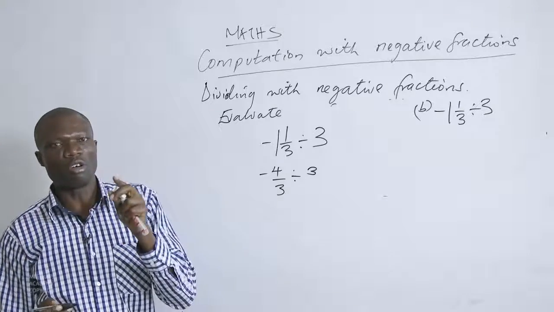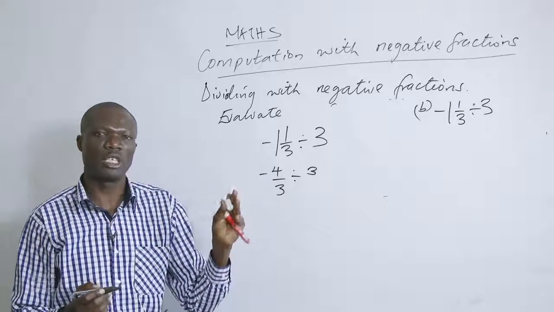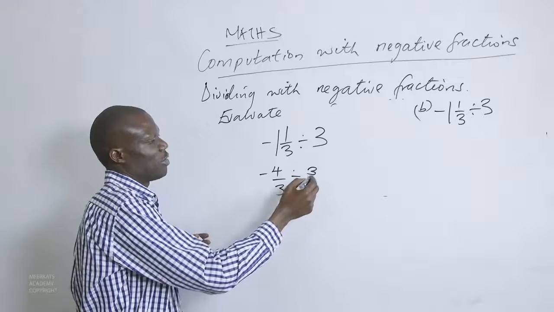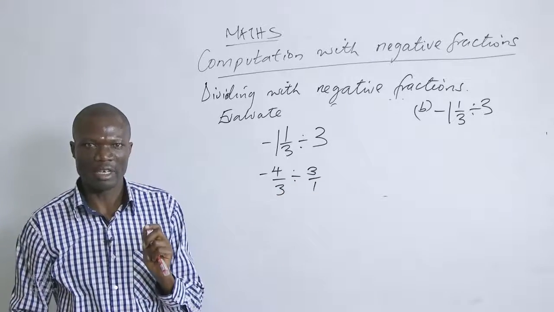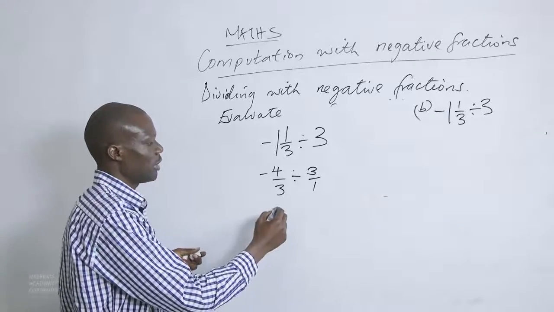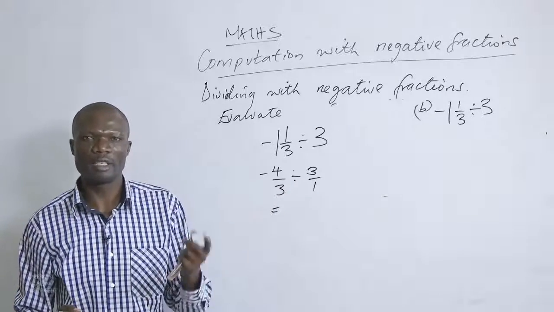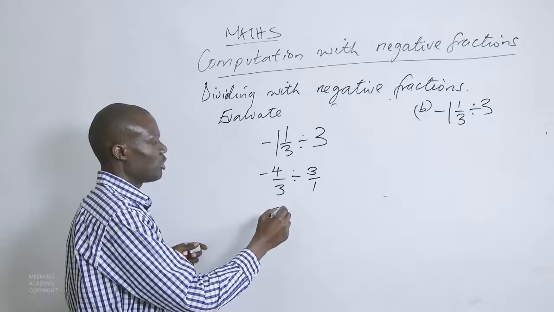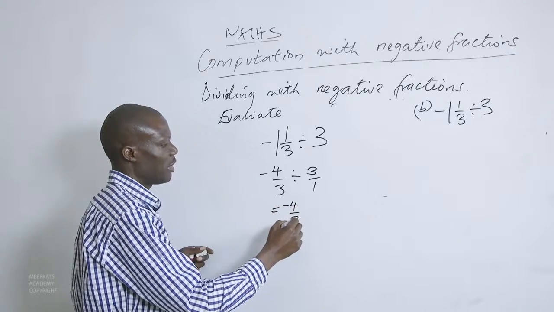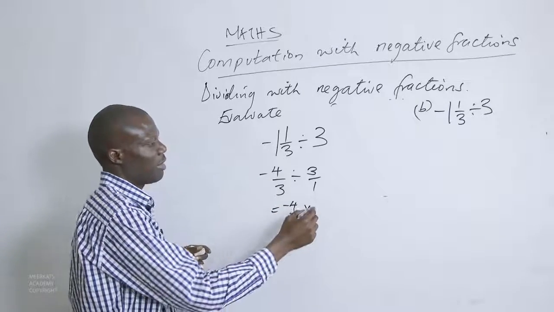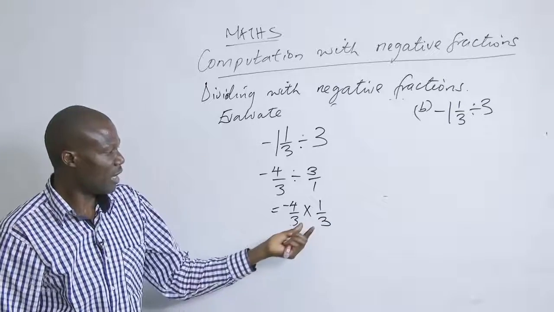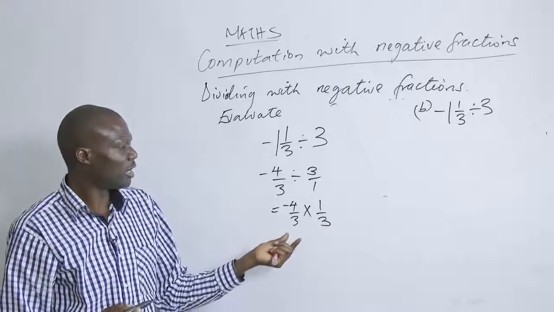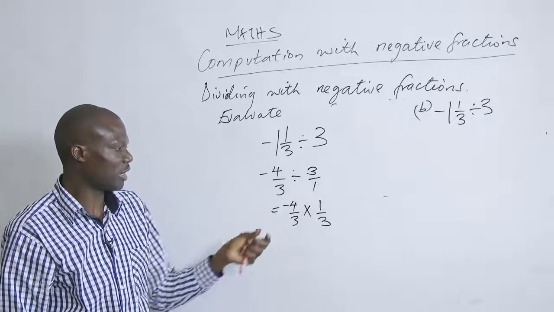In the division of fractions, we said earlier in our previous class, when we are dividing with a whole number, we introduce a denominator of 1. And then we proceed by getting the reciprocal of the second part. So this one will give us minus 4/3 multiplied by 1/3.